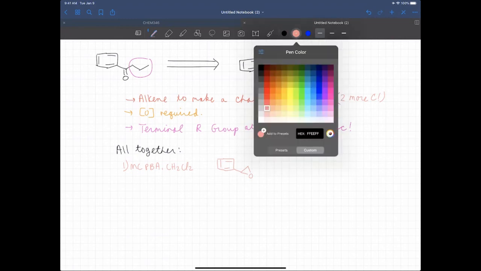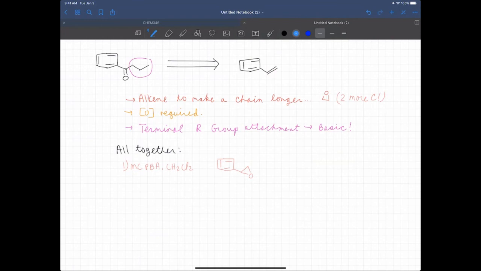And this is why it's important that you know we're going to use basic conditions. Since we're adding 2 carbons, well, ethylmagnesium bromide is going to come and attack the least substituted site and open up the ring. So ethylmagnesium bromide and THF, then H3O plus, right?